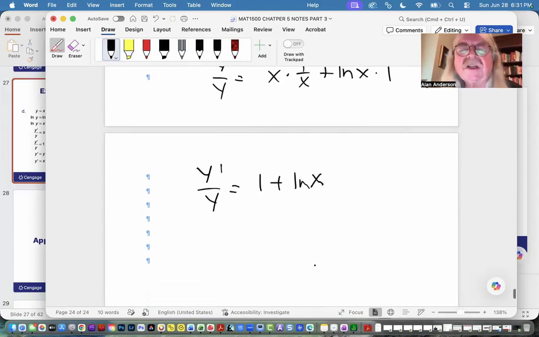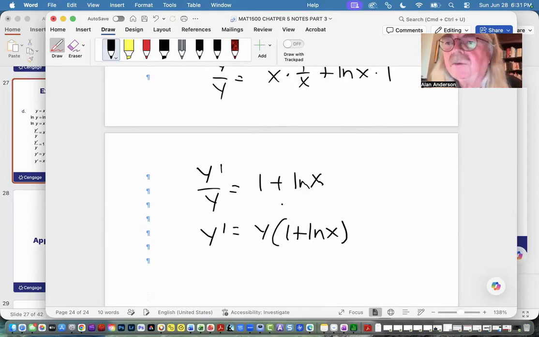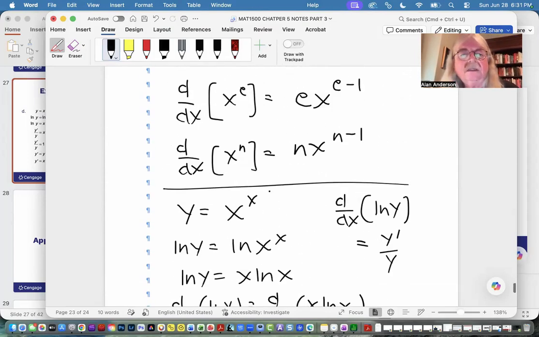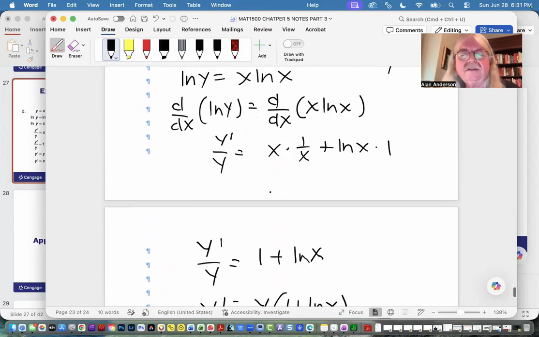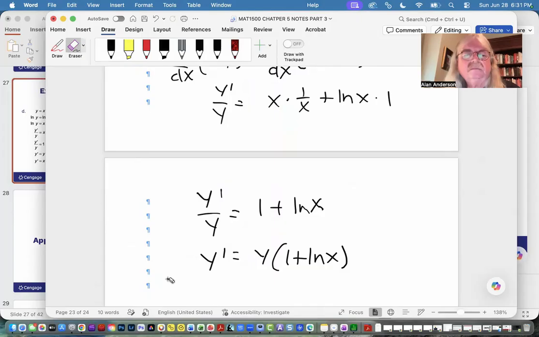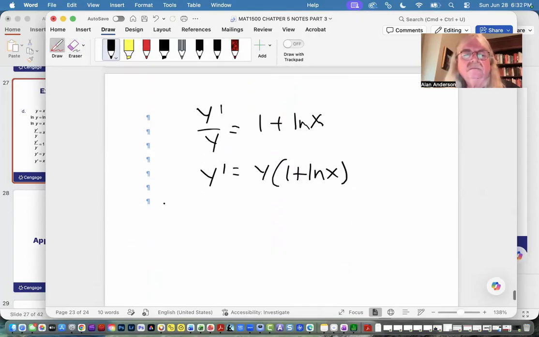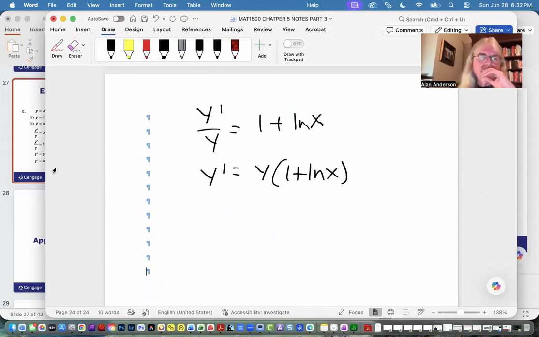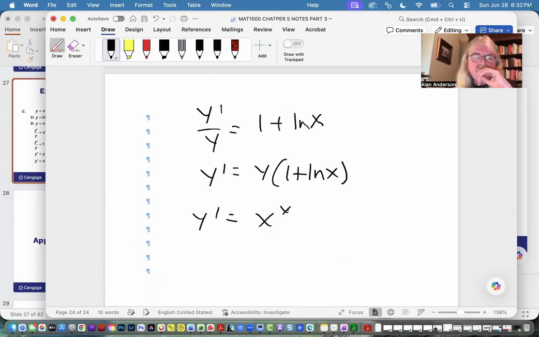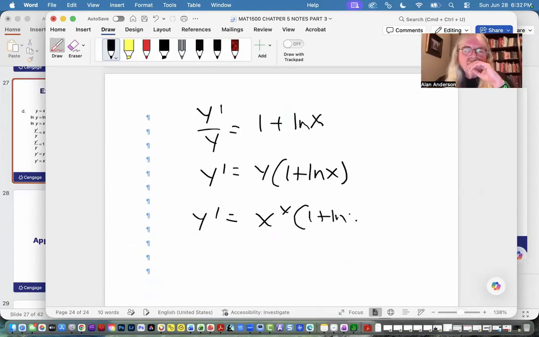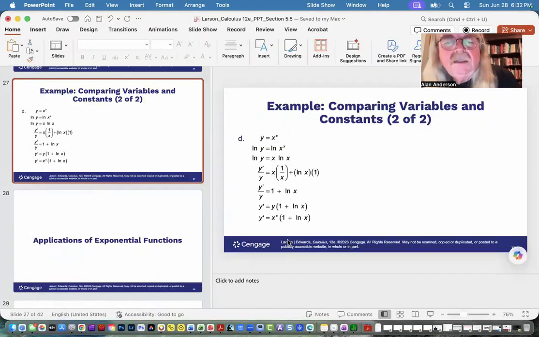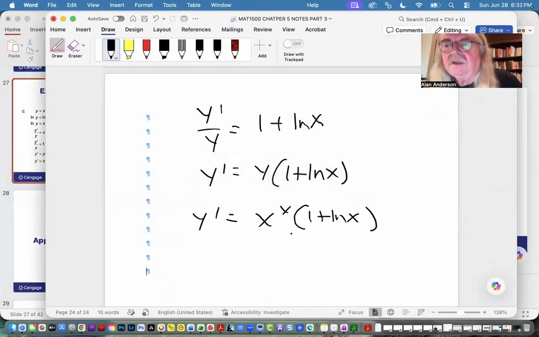Now we multiply both sides by y, and then we go back to the original definition of y, which was x to the x. And that's it. We're done.